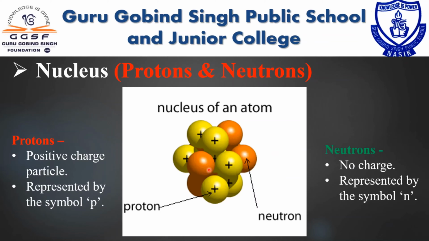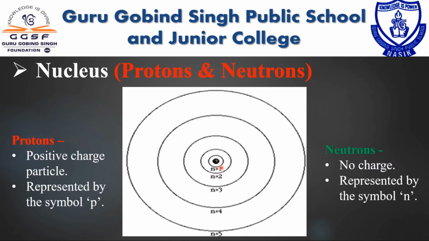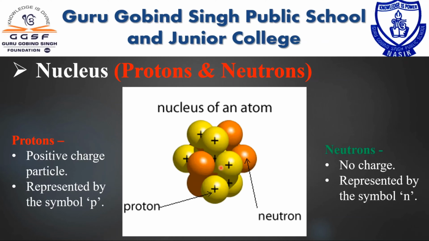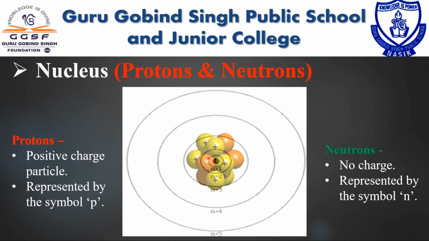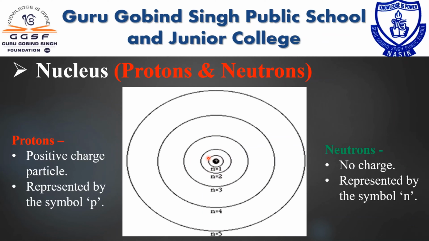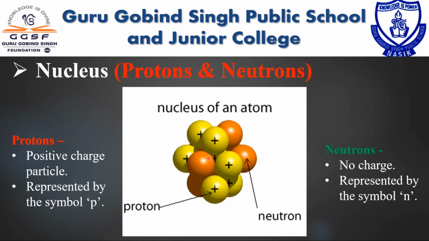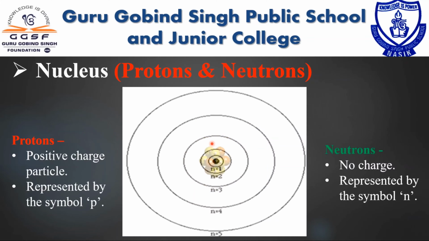The nucleus contains two types of subatomic particles, together called nucleons. Protons and neutrons are the two types of nucleons. A proton is a positively charged subatomic particle in the atomic nucleus.